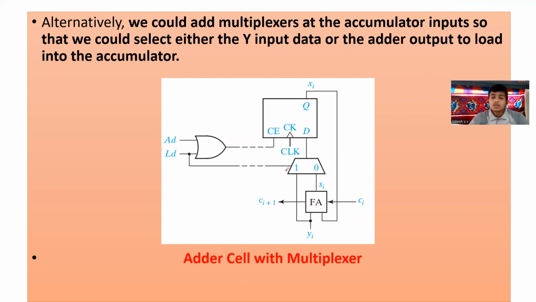This is a 2:1 multiplexer, and the load signal is used to select whether we have to give the Y input or the sum input to the flip-flop. If we provide load equals 1, then it will select the Y input and it will provide D input as Y. And if load equals 0, it will select the sum of the full adder.